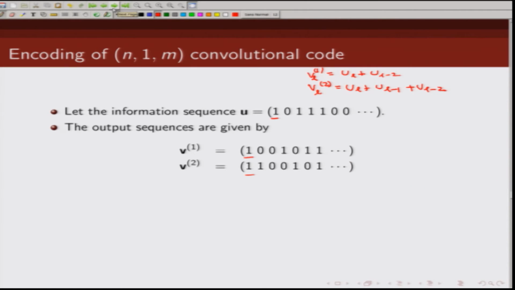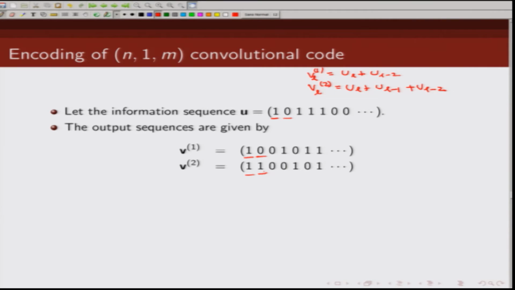Now, the next input is 0. So, what is the next output? This is 0 and UL minus 2 is 0. So, this will be 0. You can see this is 0. What about this? Now, UL is 0, UL minus 1 is 1 and UL minus 2 is 0. So, 0 plus 1 plus 0 will be 1, and that is given by this.